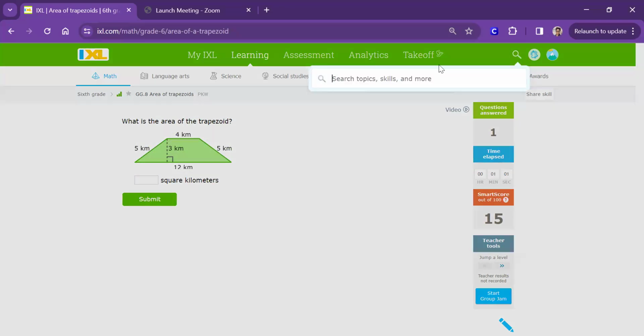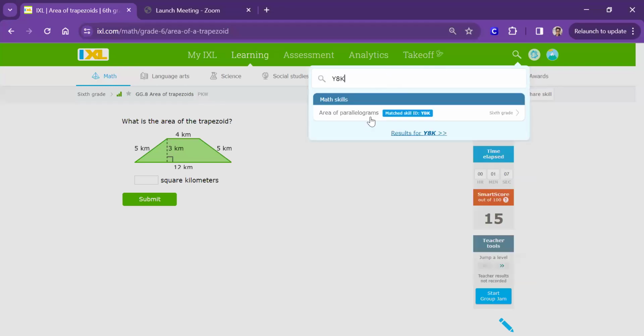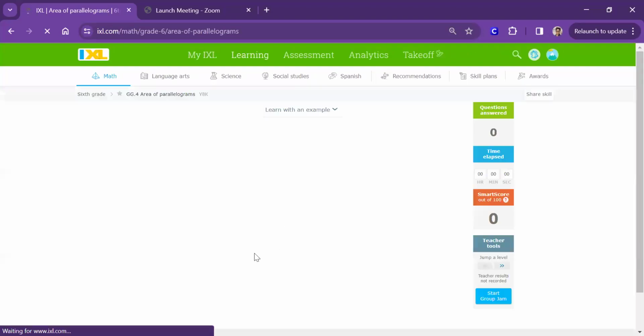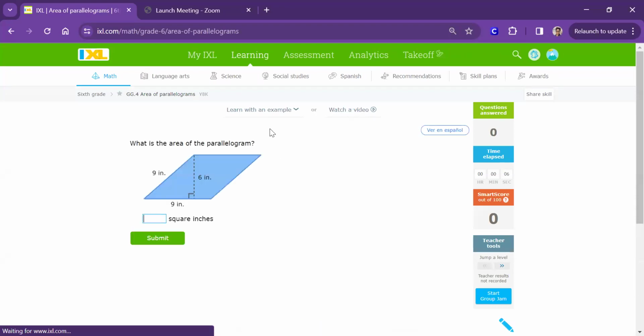Okay, so the other one is Y8K. And that right there is the area of parallelograms. Just hit enter. And again, if you need to watch a video to go over it, you can, or you can learn by example.